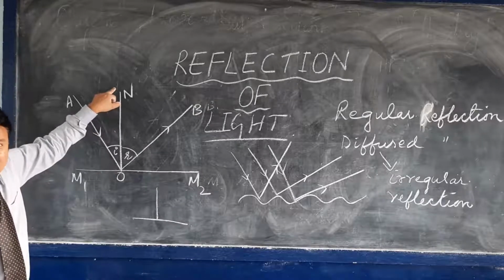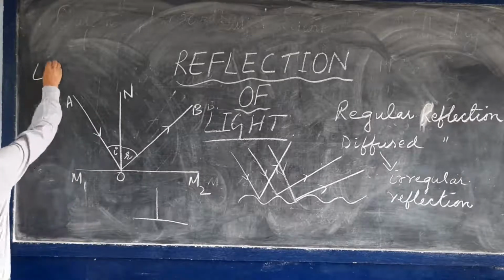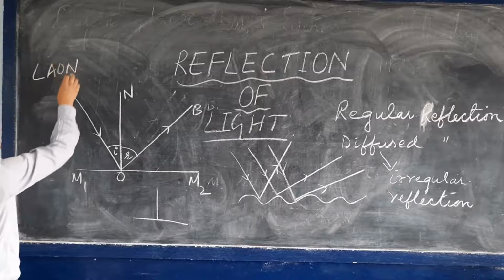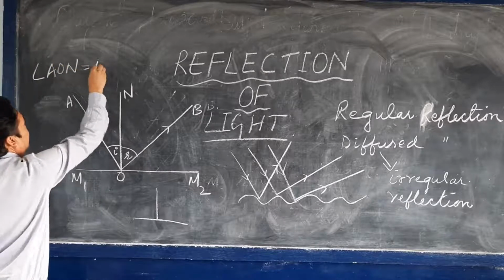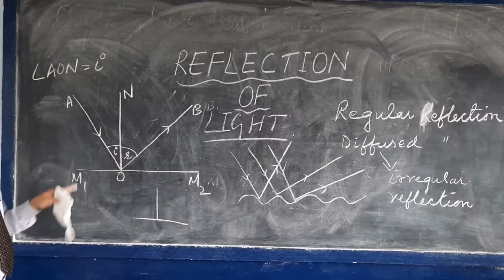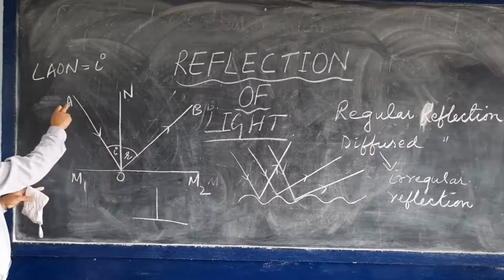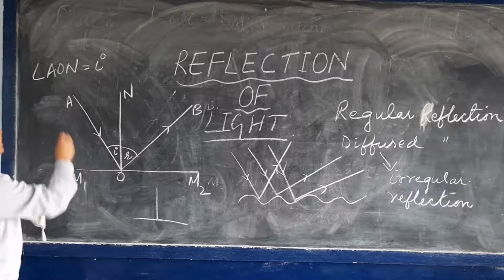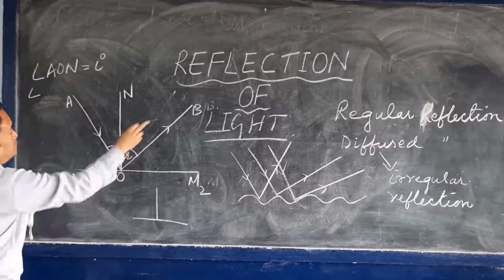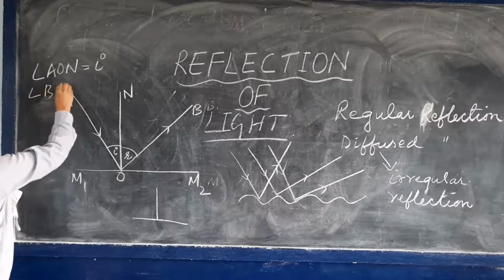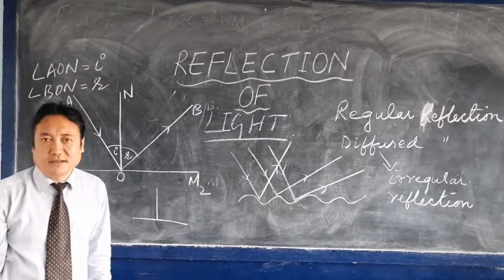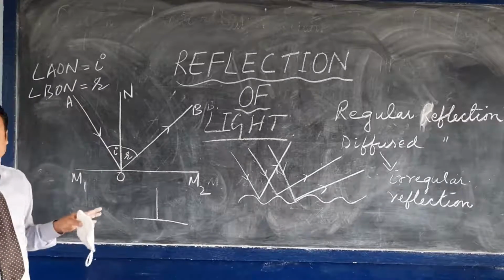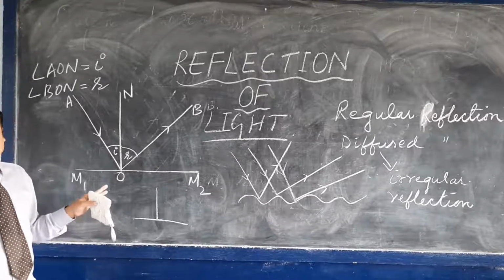Angle AON is the angle of incidence, which is given as i. AON means the angle made by the incident ray with the normal. Then angle BON is the angle of reflection, which is given as r.